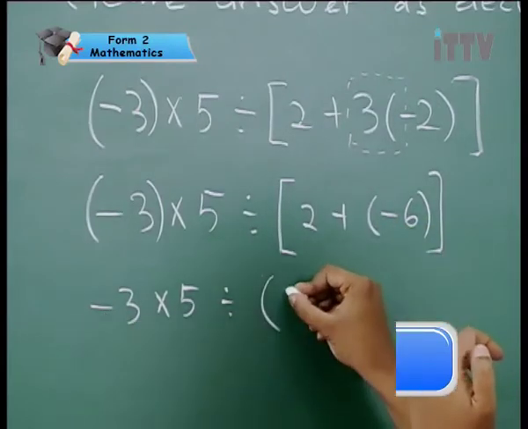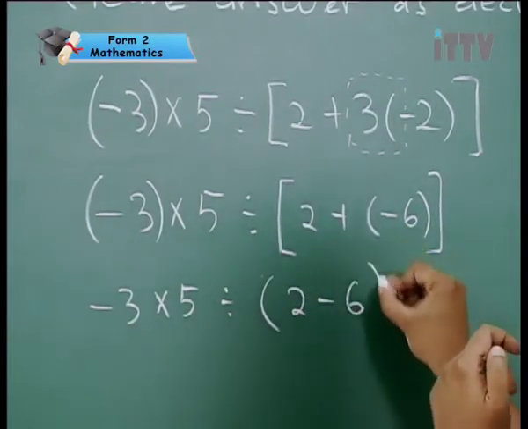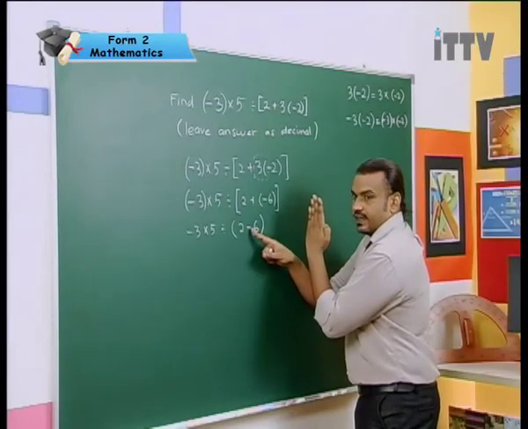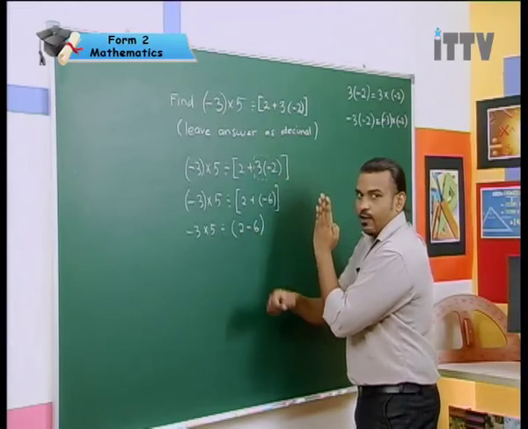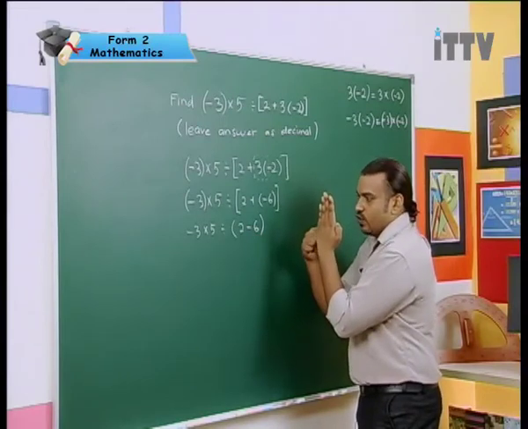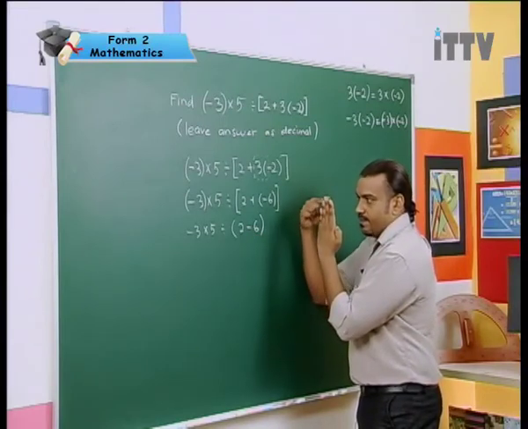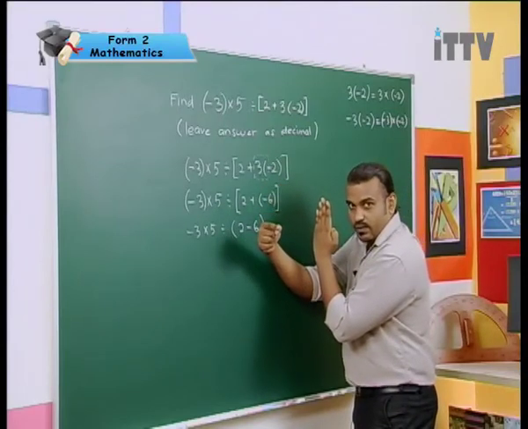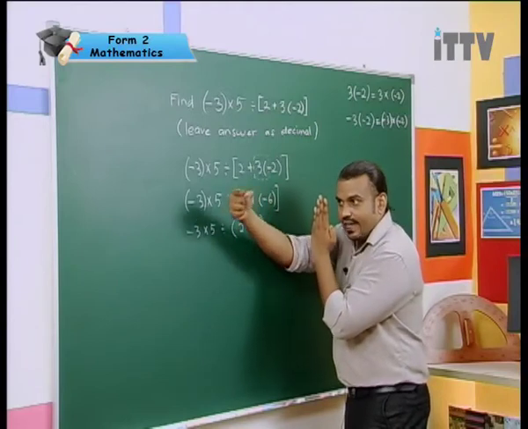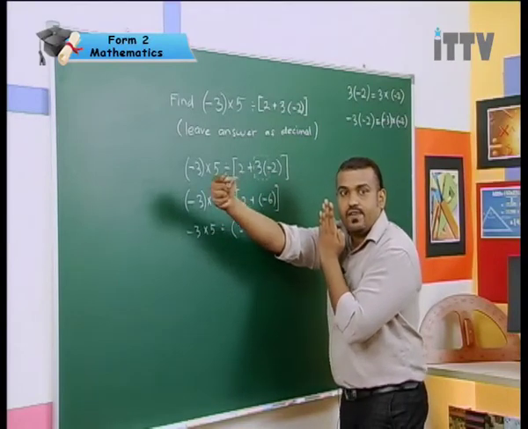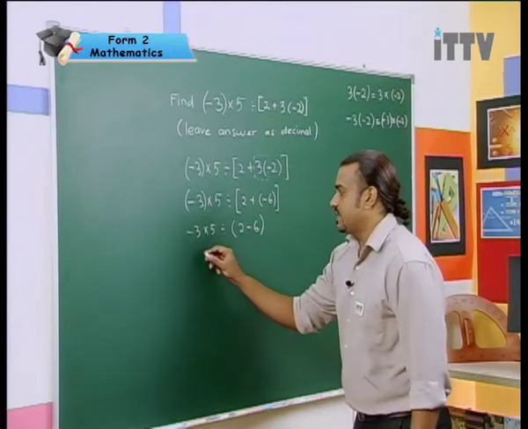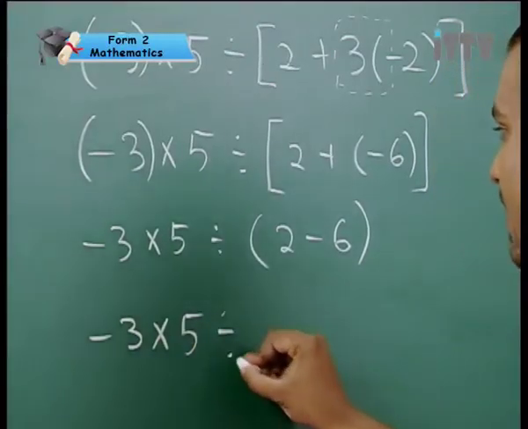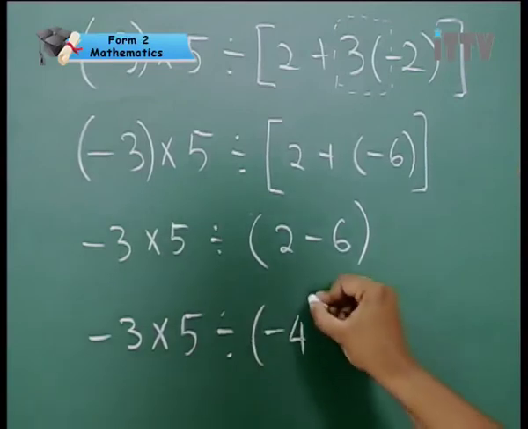So 2 minus 6. 2 minus 6, we've got positive 2 minus, therefore I need to travel left how many times? 6. So 2 minus 6 will eventually become 2, 1, 0, negative 1, negative 2, negative 3, negative 4. So now the answer would be negative 3 multiplied by 5 divided by negative 4.